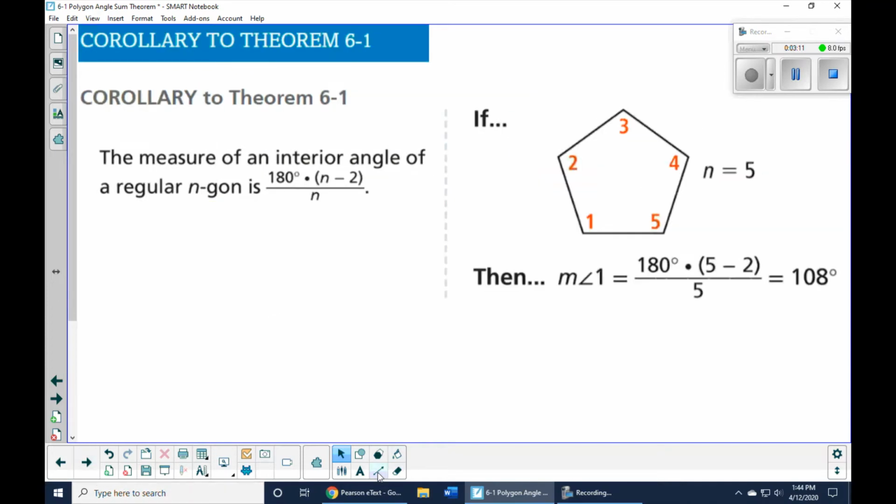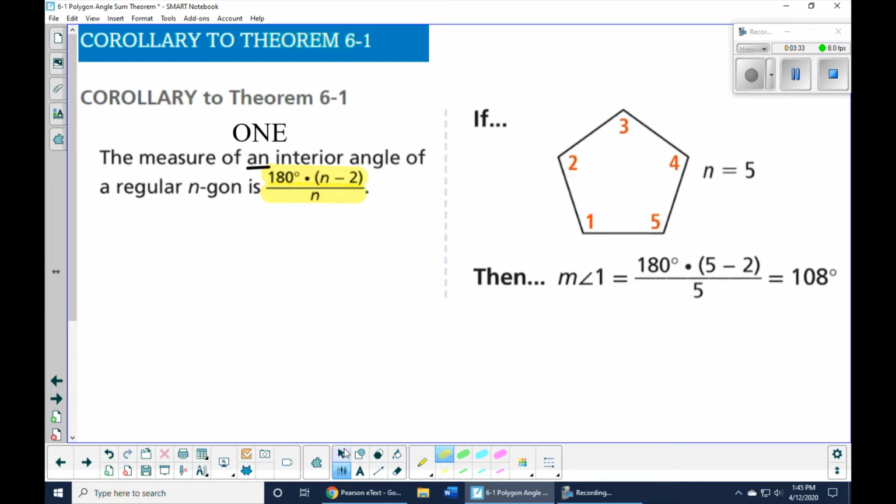Now, what if you were ever asked to find the measure of one interior angle? That's talking about what if there was only one interior angle. You do the exact same thing. The difference is you would then divide by the number of sides.